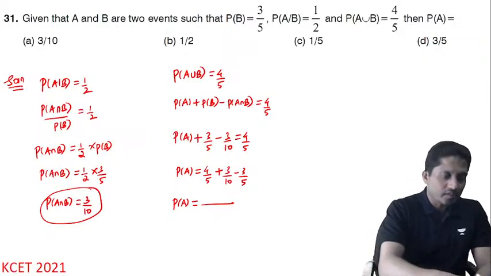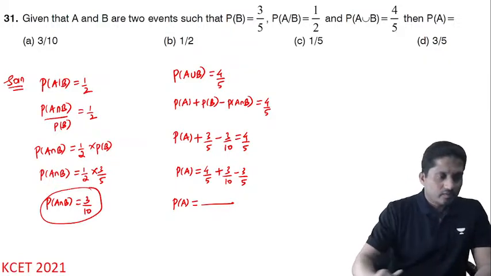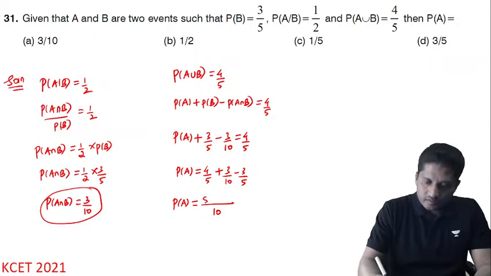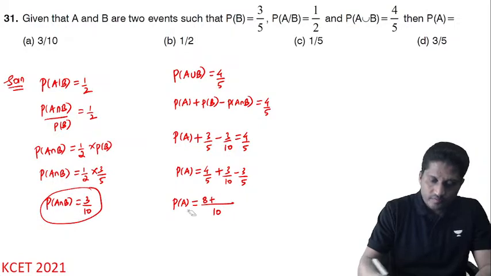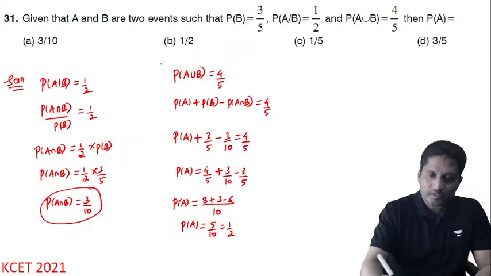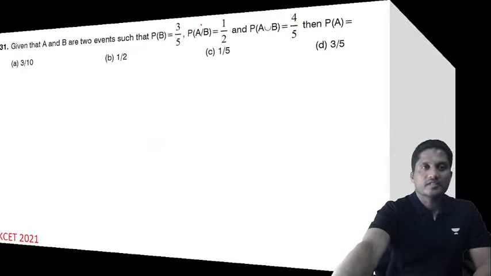So this should be equal to 8 plus 3 minus 6. Now P of A is equal to 5 by 10, which is equal to 1 by 2. Answer is option B. Let's move to the next question.